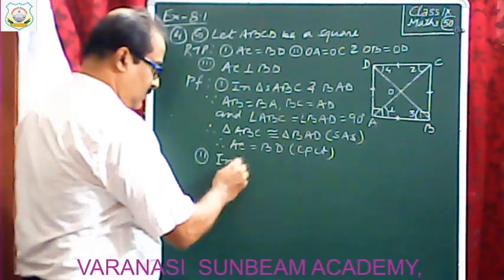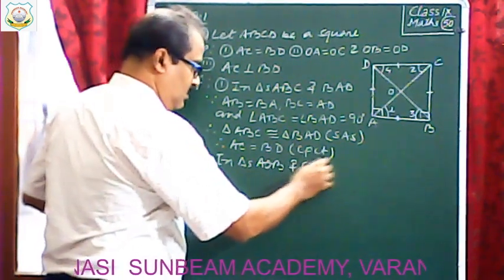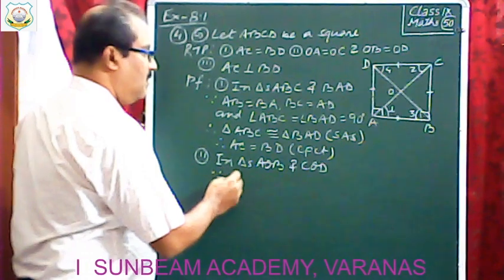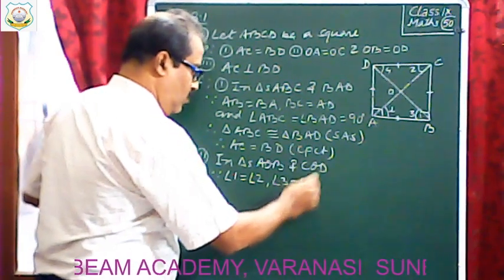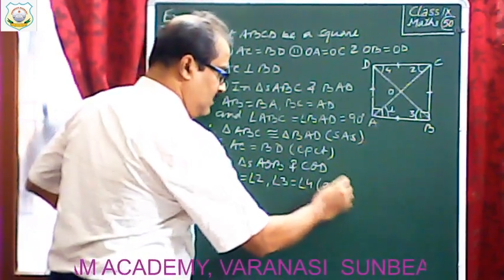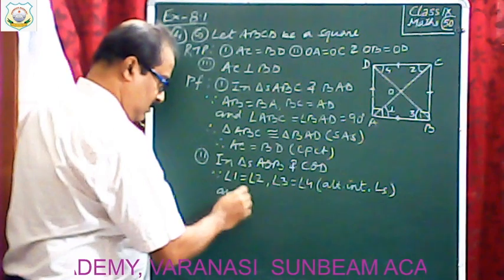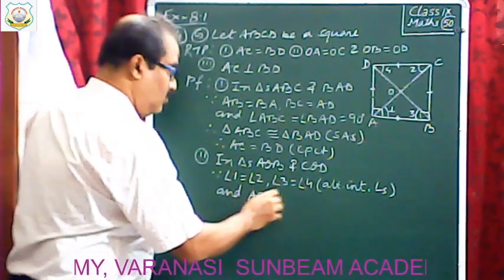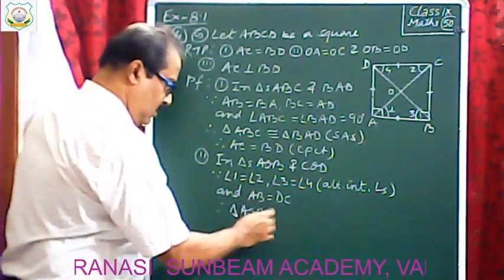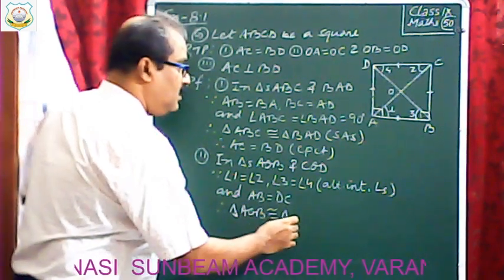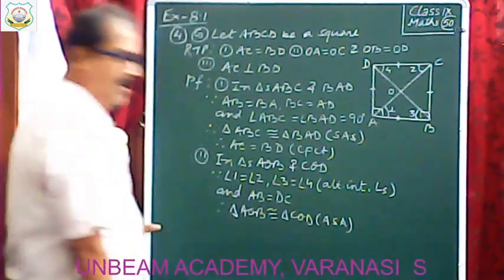Write again, in triangles AOB and COD, since angle 1 equal to angle 2, angle 3 equal to angle 4, alternate interior angles, and AB equal to DC, therefore triangle AOB is congruent to triangle COD by angle side angle criteria of congruency.